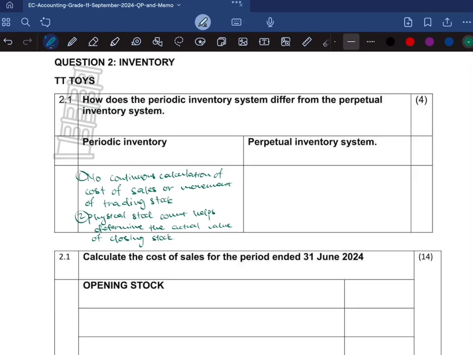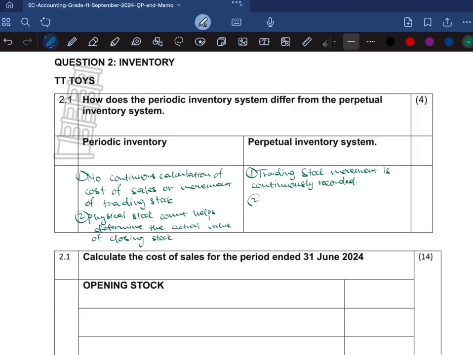Now when you look at the perpetual inventory system, we know that it's quite the opposite of the periodic. So the movement of inventory, or we can say trading stock movement, is continuously recorded.